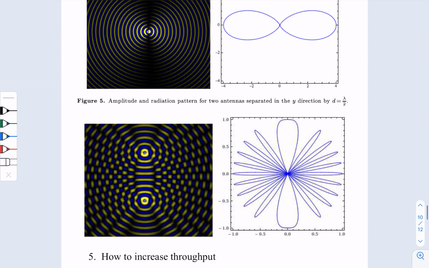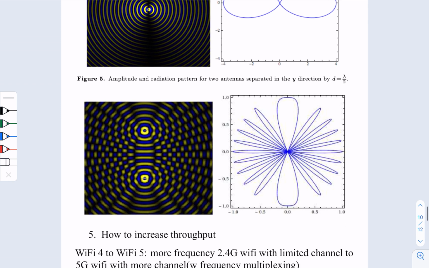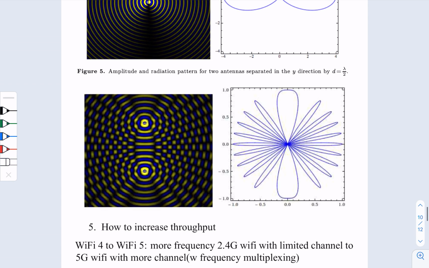Now let's check how exactly one can increase the throughput of our Wi-Fi signal. I'm not sure if you are familiar with Wi-Fi standards, but you might have heard words such as Wi-Fi 6, and before Wi-Fi 6 there are previous generations of Wi-Fi, right?